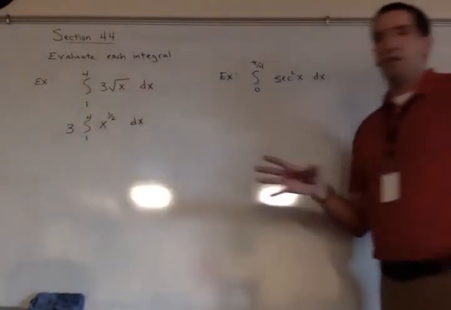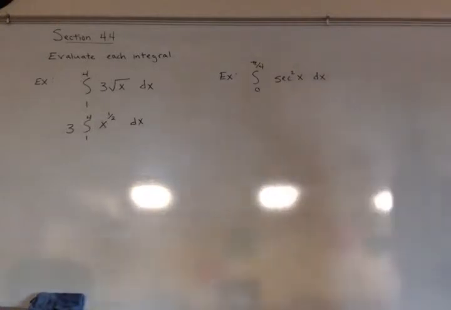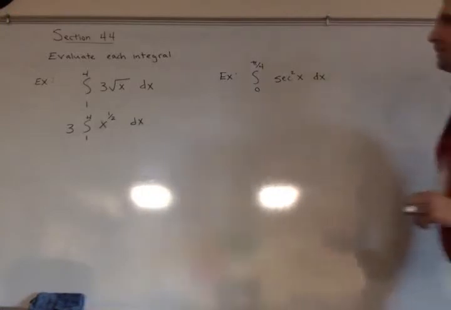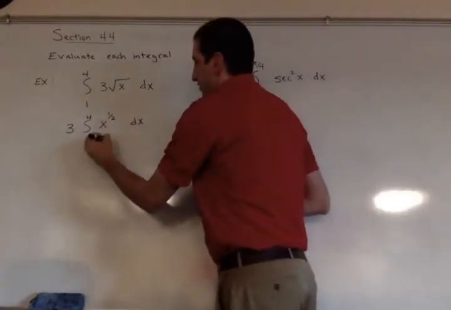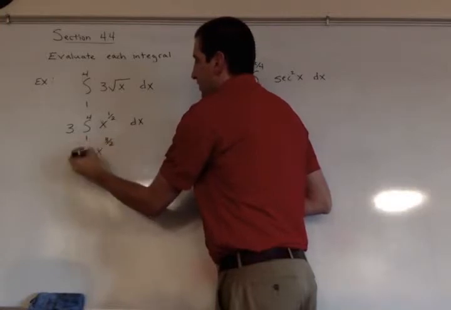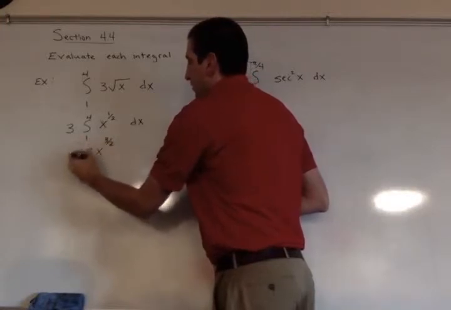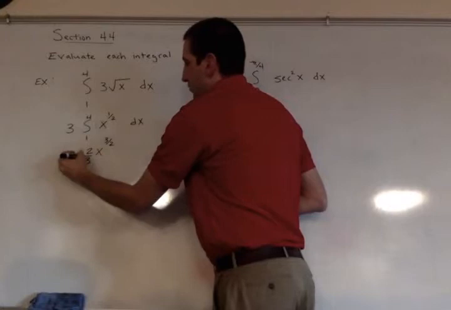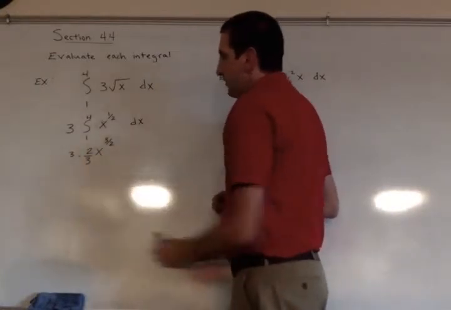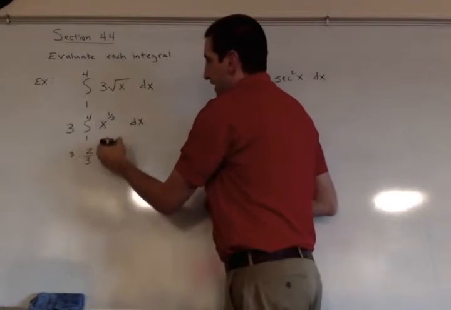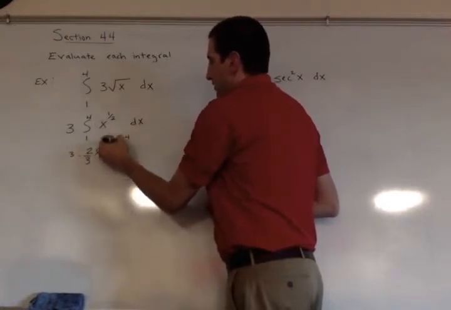Again, if you needed to pause the video or rewind quick so that everyone in the class has these examples written down, you can. If we integrate here, this would give us x to the 3/2 times 2/3, and then we also have to multiply times 3 out in front. And we're going to evaluate that from 1 to 4.